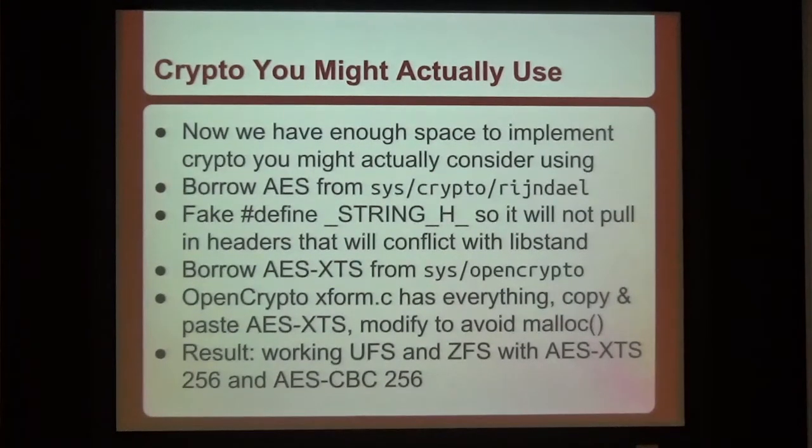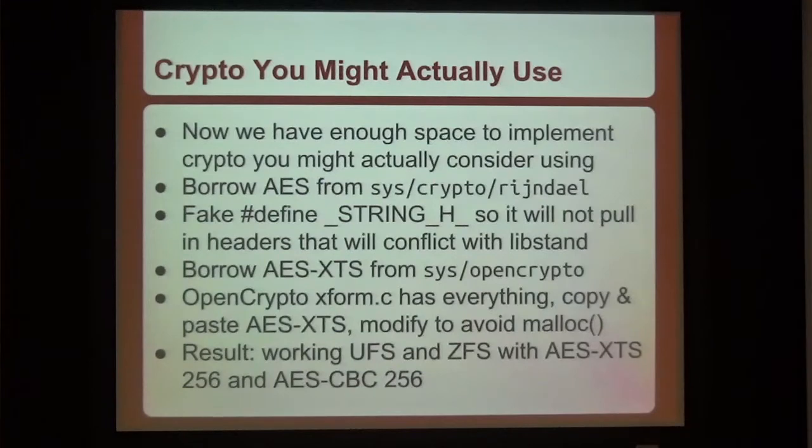So that was not what I wanted and was too big and had too many dependencies. So I copied and pasted out just the AES-XTS bits and put them in a new file in sysboot. And I modified them because it was mallocing a new chunk to put the key into, and I gave it a static buffer instead to avoid having to do a malloc there.